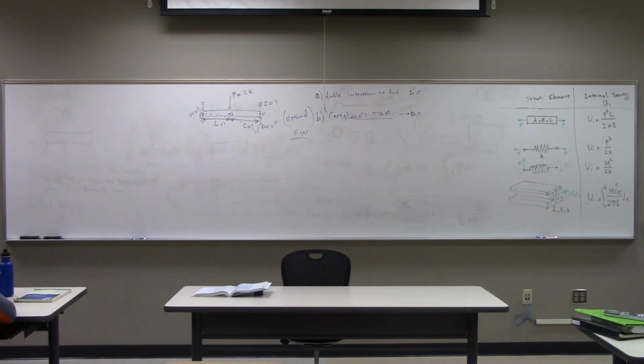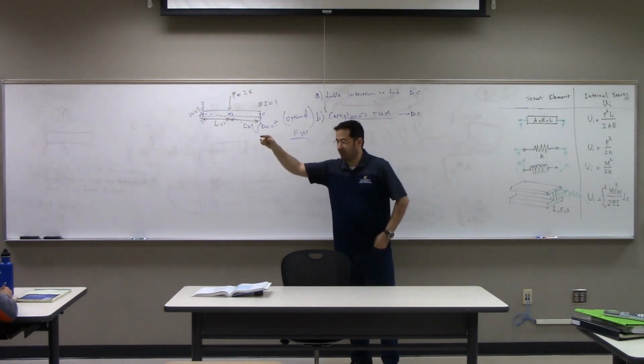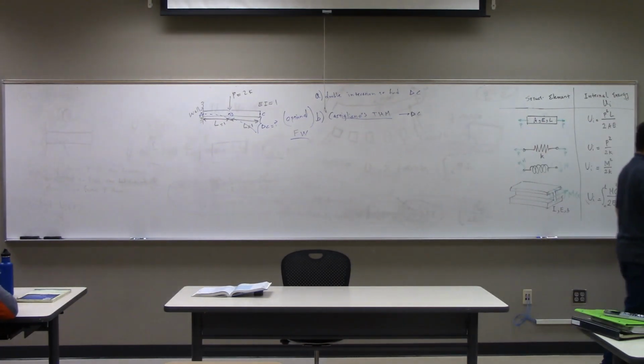Even if you use Heaviside, you do the first integral, second integral, apply boundary conditions, right? For Castigliano, you just get one line. No boundary conditions, no double integration.